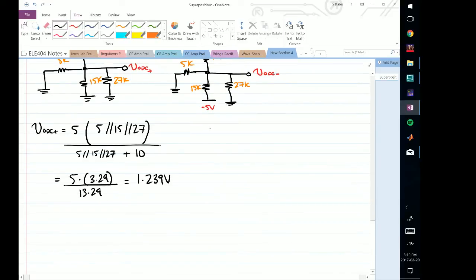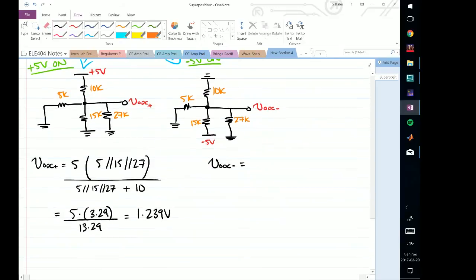And so if I do the exact same thing here, VODC minus is actually going to be minus 5 times this parallel combination. Now notice in this case the parallel combination changes. So I have 5, 10, and 27 across this way. In the other case I had 5, 15, and 27. So I have 5, 10, 27 being divided across. Well, those three in parallel, and then it's being divided across that one.